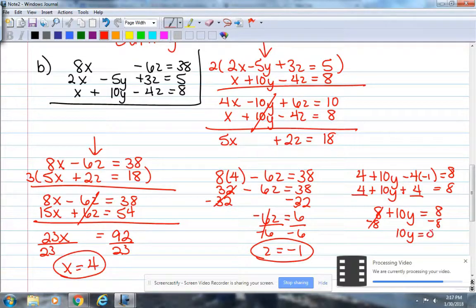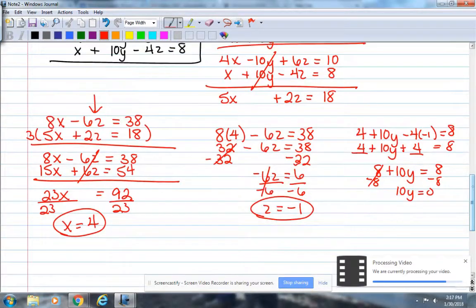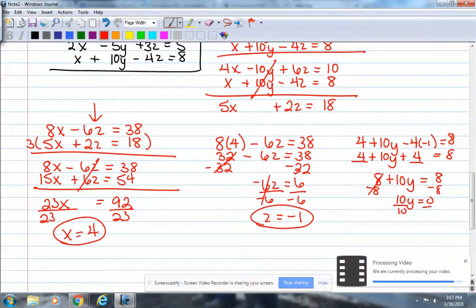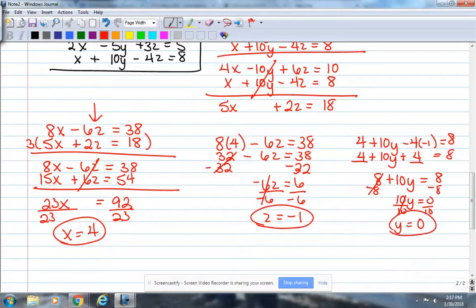And what is 0 divided by 10? What's 0 divided by anything? 0. So now I have an x, a y, and a z. My x is 4. My y is 0. My z is negative 1.